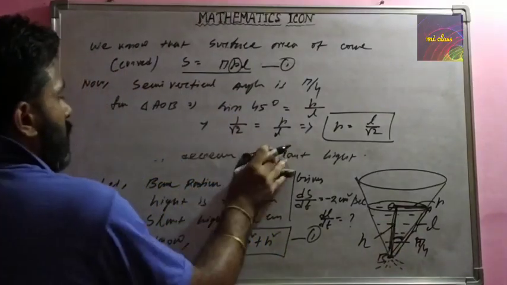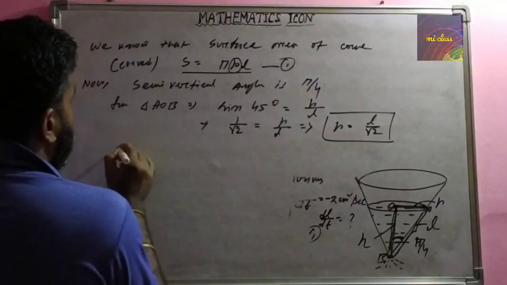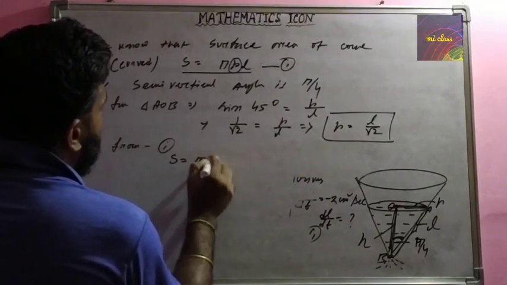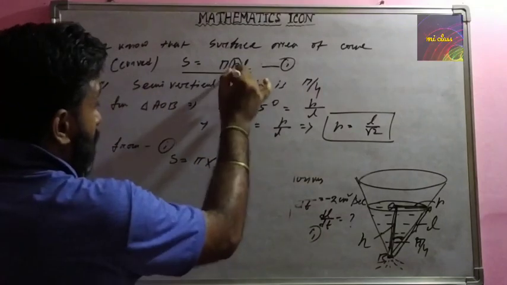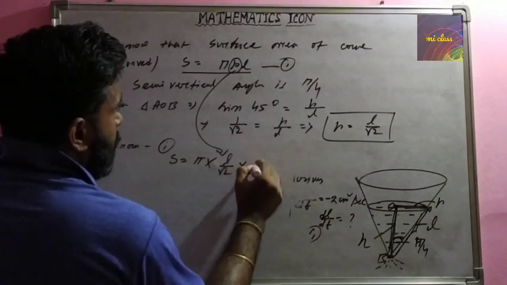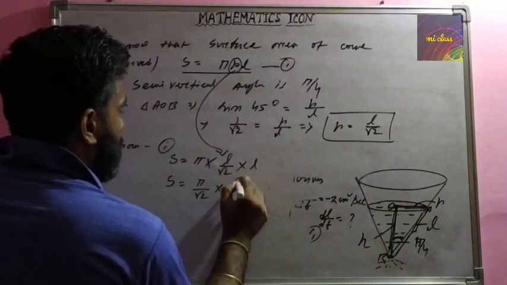Now from 1, S equals pi into R. In place of R, I can use L by root 2, into L. That means S equals pi by root 2 into L square.